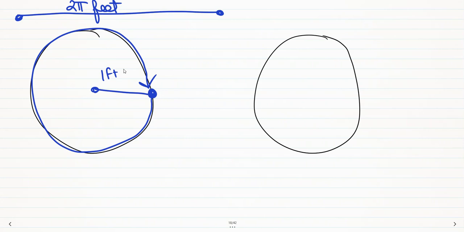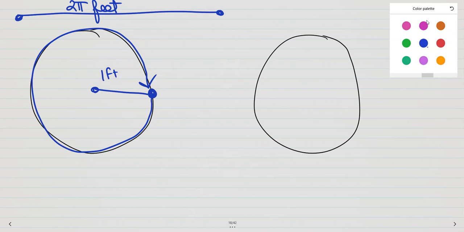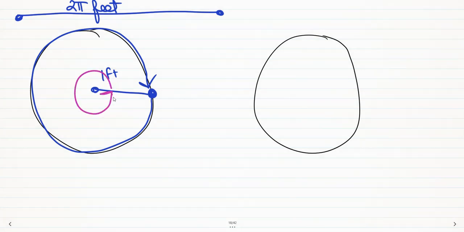But if the radius was 1 foot, then the circumference, the distance all the way around, would be 2 pi feet. Well, the next step is to recognize that we also have an angle measured here. So if I looked at this angle inside here, that angle all the way around could also be measured as 2 pi.